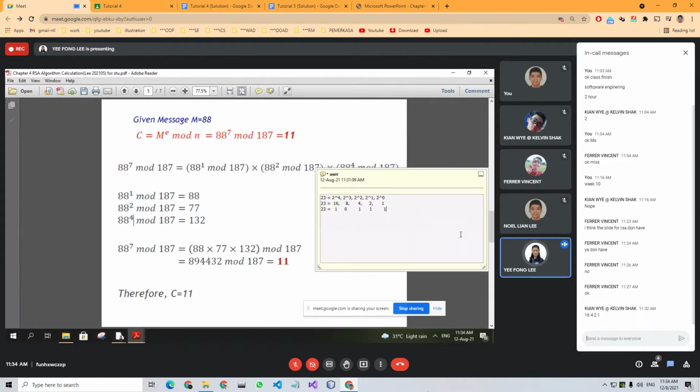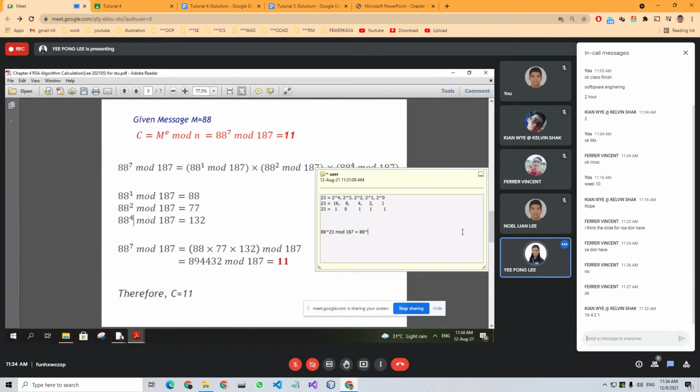Let's say for example, 8 power of 23. We will split it, so 8 power 23 mod 187 equals to 88.